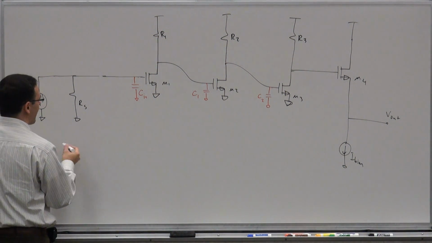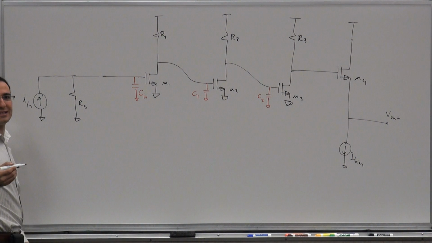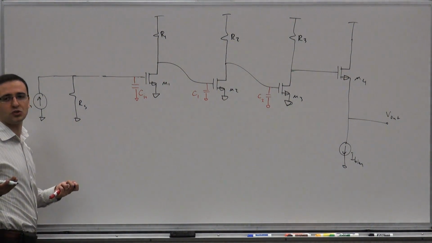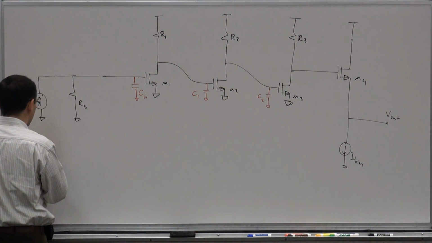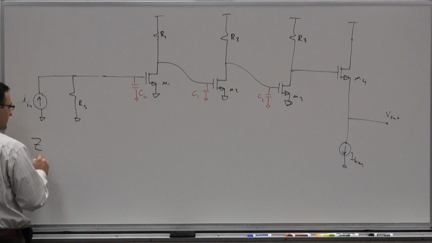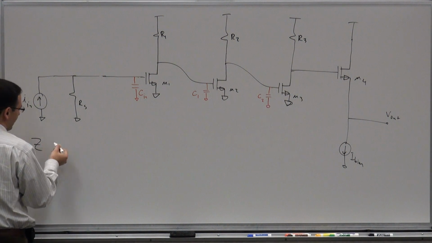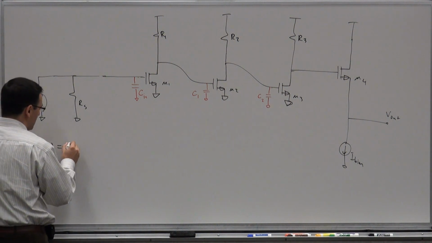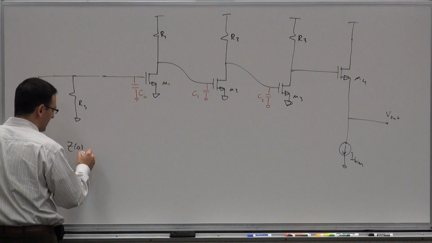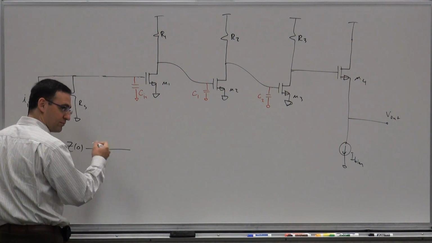So that's what it is. This is really a transfer function, but it has units of ohms, so you can show it as H or Z. Let's show it as Z. So this is Z of S, which would be Z of 0 times the dynamics.